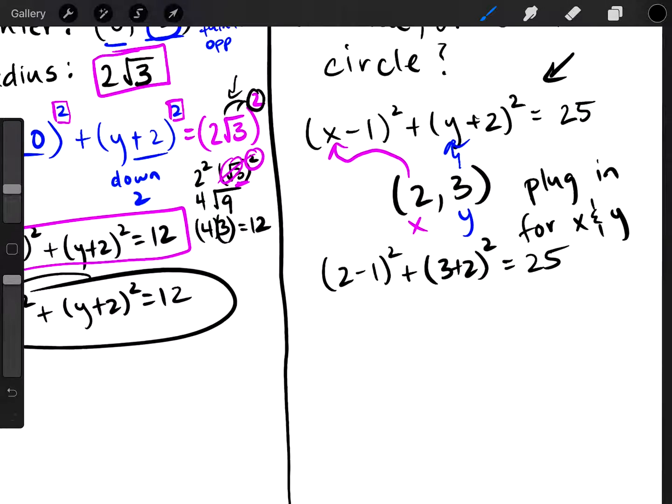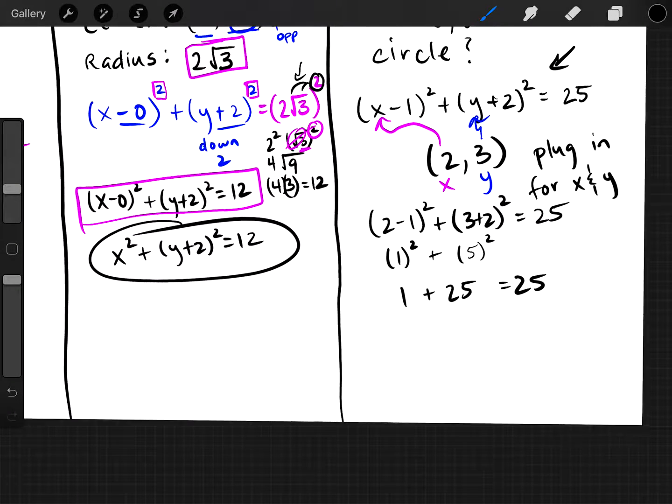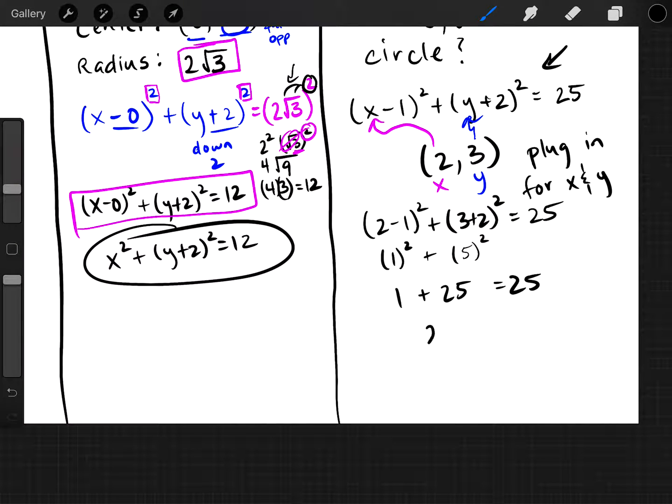So we have (2 minus 1) squared, because we plugged in 2 for x, plus (3 plus 2) squared, because we plugged in 3 for y, equals, that stays 25.